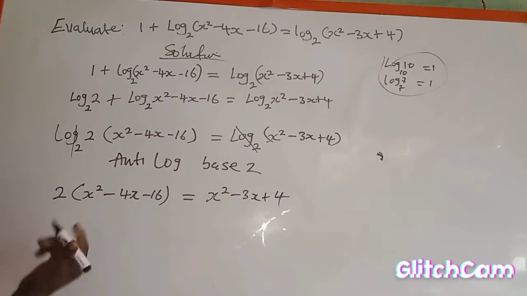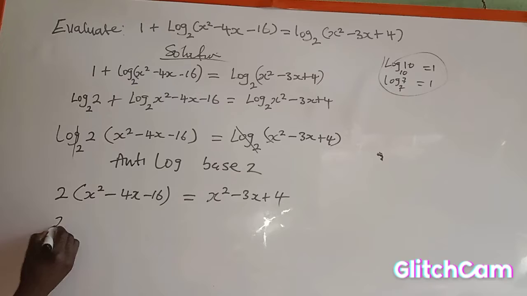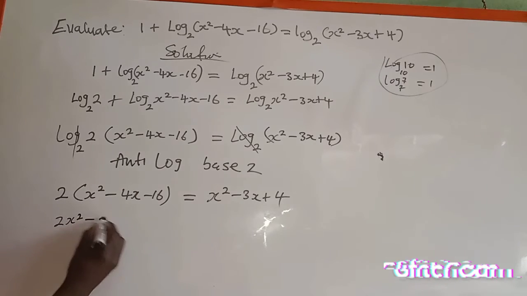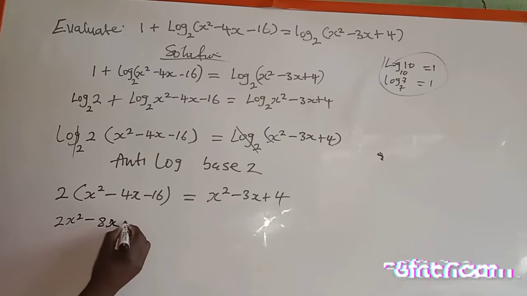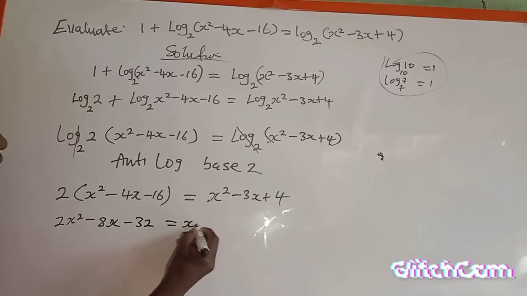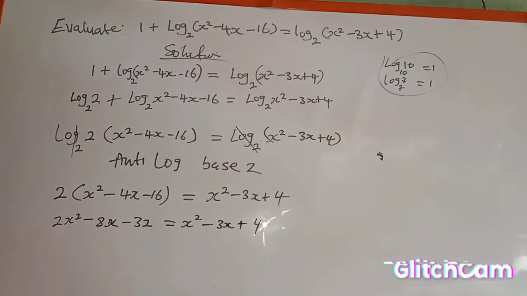So from here now I can open this bracket: 2 multiplied by s squared, I'll have 2s squared; minus 2 multiplied by 4, we have 8s; then 2 multiplied by minus 16, I'll have minus 32, which is equal to s squared minus 3s plus 4.